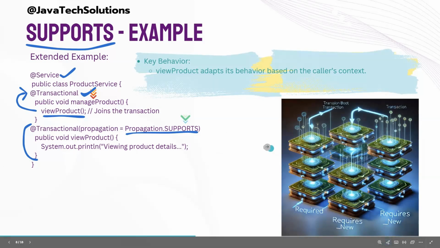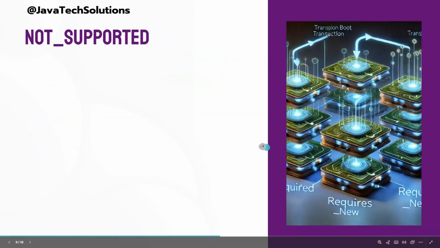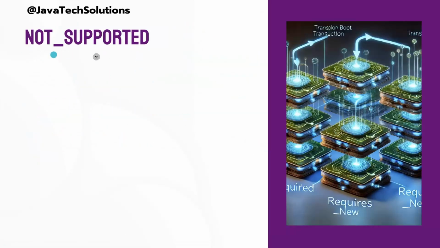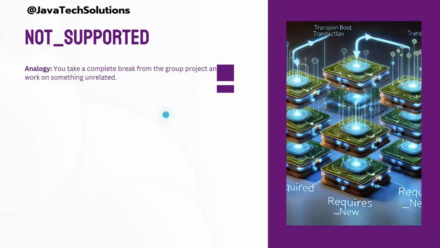Next we will talk about another propagation type, which is NOT_SUPPORTED. This NOT_SUPPORTED is a transaction propagation type in Spring that ensures the annotated method doesn't execute within a transaction, right?